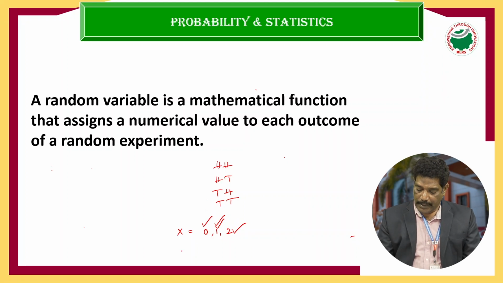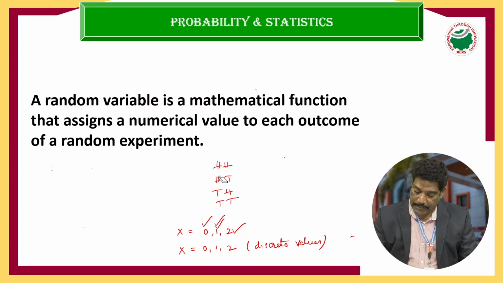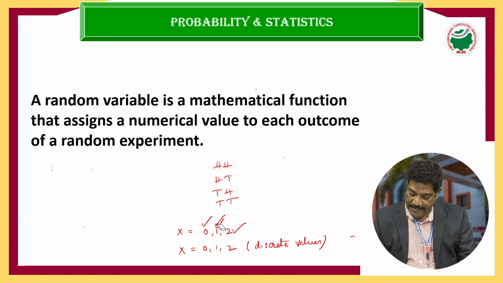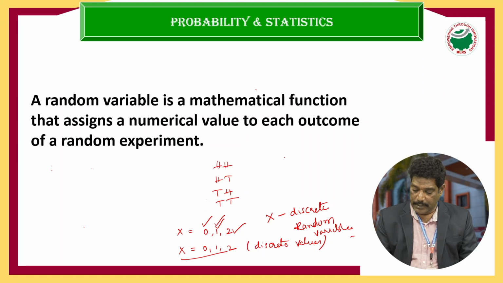So here X takes the values 0, 1, and 2. These are the discrete values. So in this case, X is called a discrete random variable.